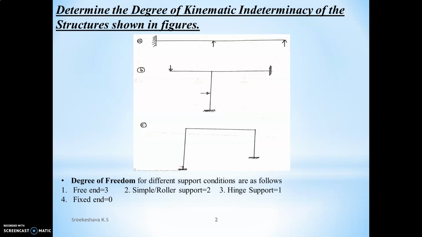Translation is nothing but displacement along an axis. So x and y are translations, and there is one rotation: two translations and one rotation. Totally we are having three displacements at each joint.